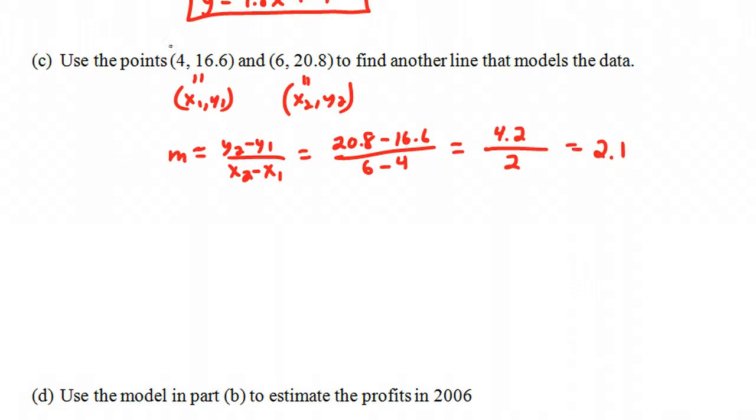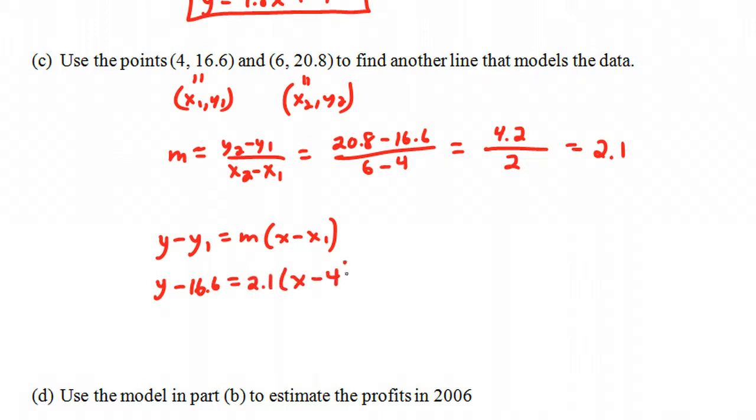We can use one of these points, either one of them. Let's use the first one because we already called it (x1, y1). We can use that point in the point slope formula: y minus y1 equals m times x minus x1. So y minus 16.6 is equal to 2.1 times x minus 4.